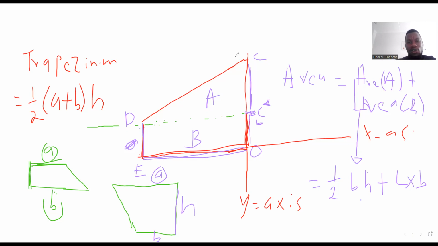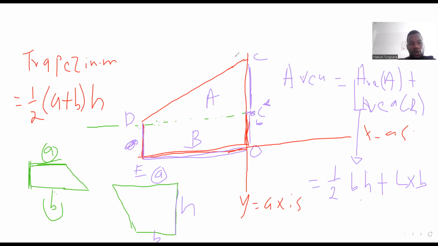We need the length of OC too. If we know DE, which is B, the smaller side, and OC, which is A, as this side, and now the height is OE, then if you know those three sides, you can answer this question. So let's go back to our diagram and see if we can derive those.